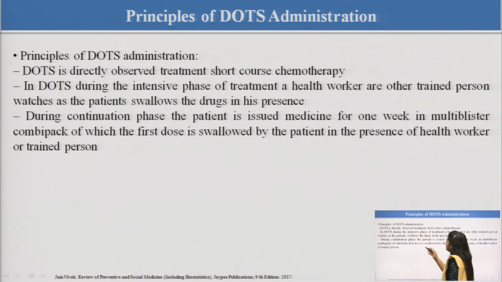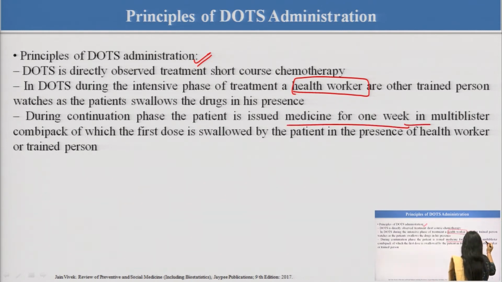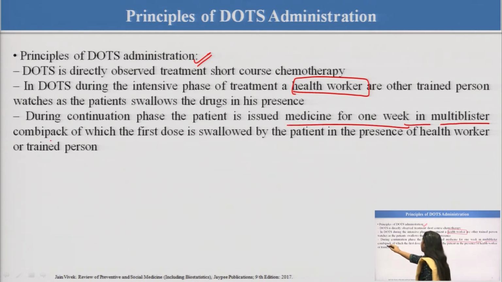Now, principles of the DOTS administration. So, the principles are involvement of a health worker first of all. Second, during the continuation phase the patient is issued medication for 1 week, as I told you, in a multi-blister combi pack, for which the first dose is swallowed by the patient in the presence of the health worker, in the presence of a teacher or Anganwadi worker, whoever is working in this.